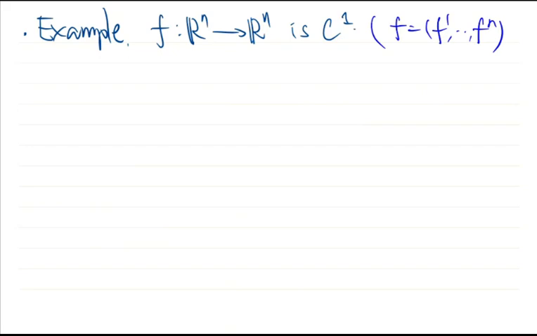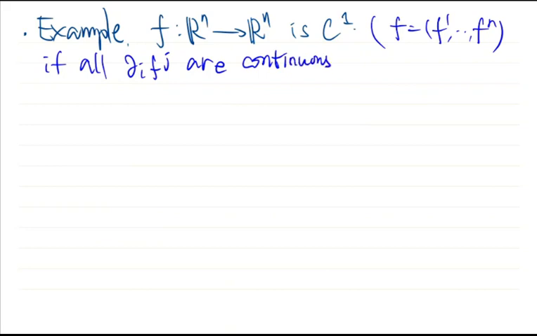If all the partial derivatives of all the components are continuous, or equivalently, all Fj are C1.